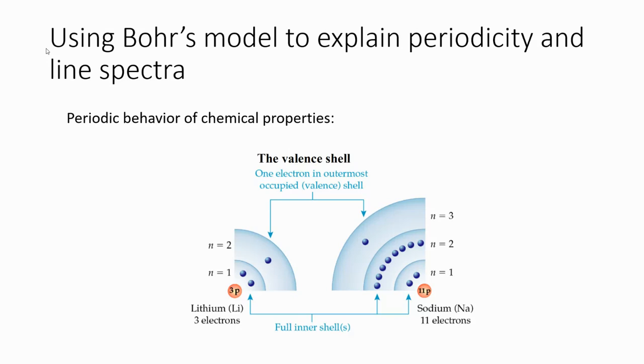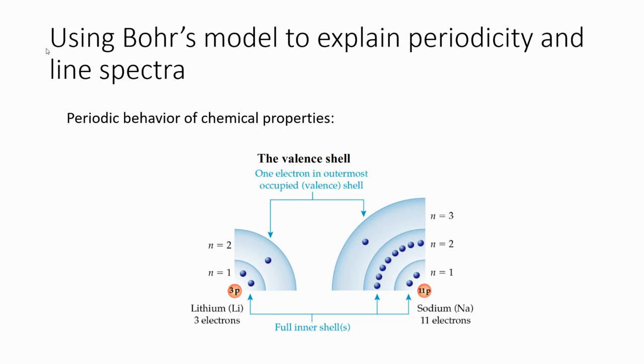The idea of periodicity is something that we've already talked about before. With elements on the periodic table, there is a repeating pattern of chemical and physical properties that up until this point hadn't really been explained.